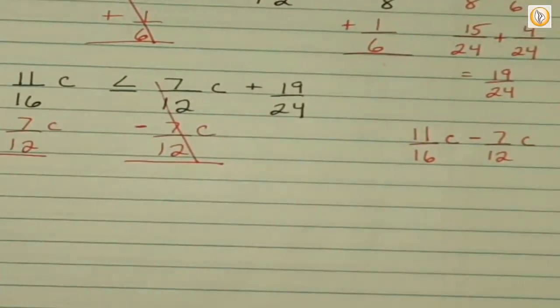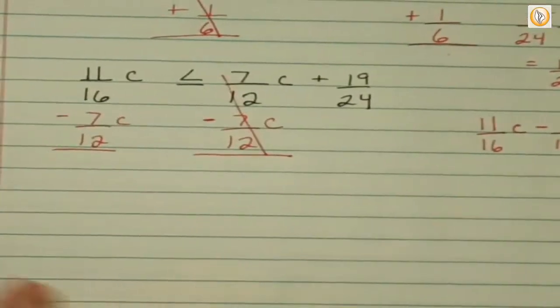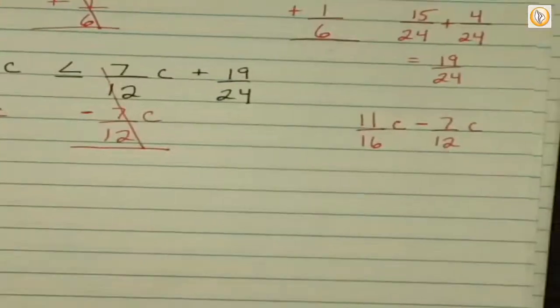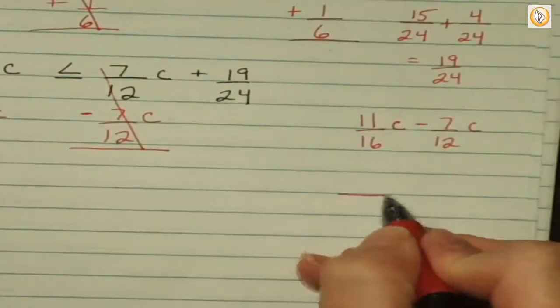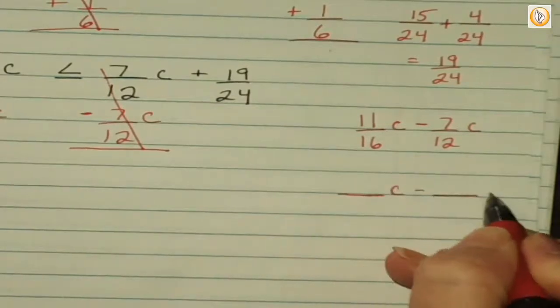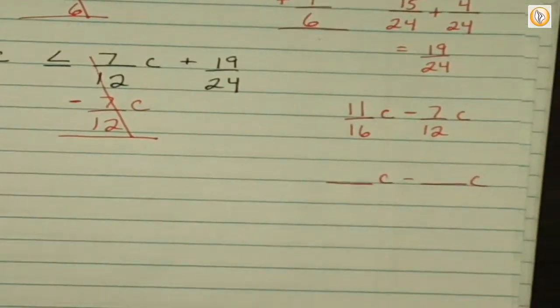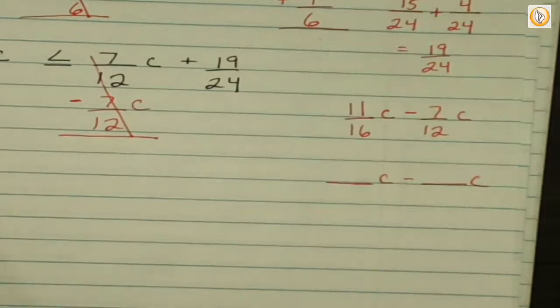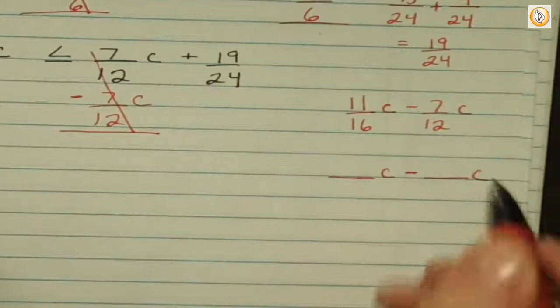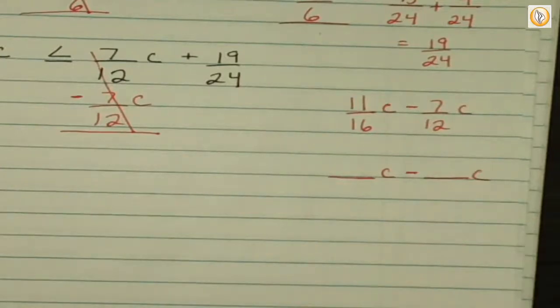Would it work if I did 7 over 12 minus 11 over 16? No. No, because we're subtracting the 7 over 12. All right, common denominators. What do you get? I'll let you play with it. That's right.